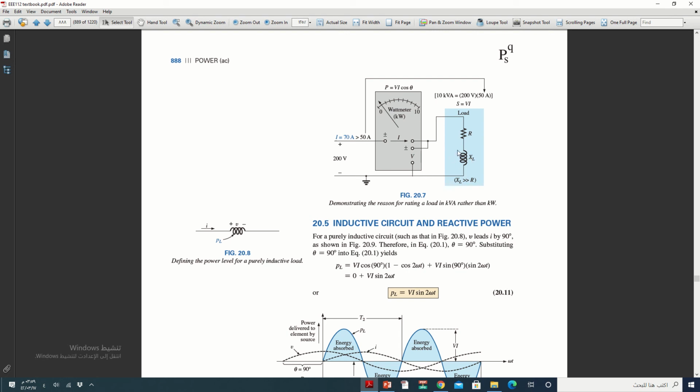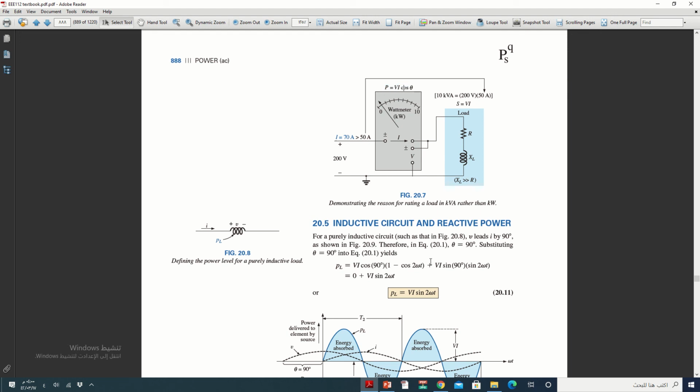And this will damage the load. We need to be careful. This is general information about active power and apparent power, and why we need to look at apparent power more than watts. If we need the watts for some special point, we will look at that.